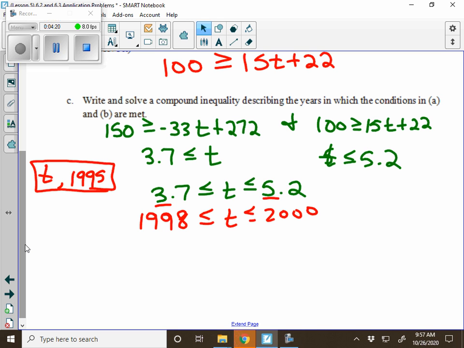In fact, it'd be 2001 because it's greater than 5. But don't worry too much about that. And plus, this is a problem we discussed already. So those are your inequalities: at most, at least, maximum, minimum, cannot exceed, has to be above.